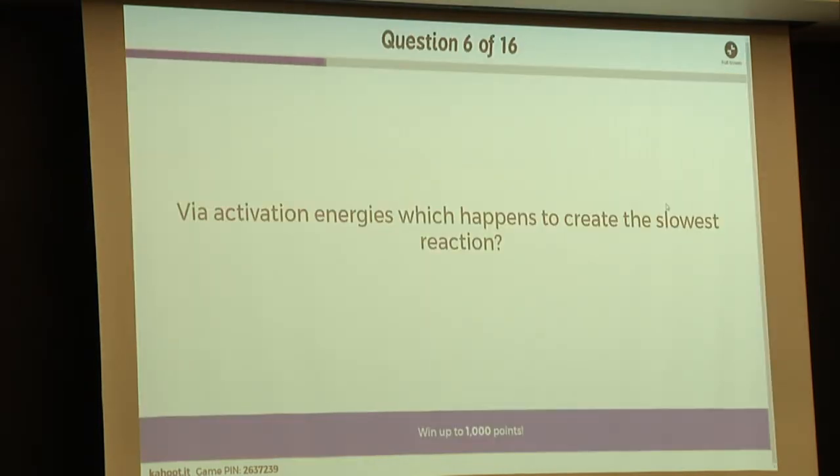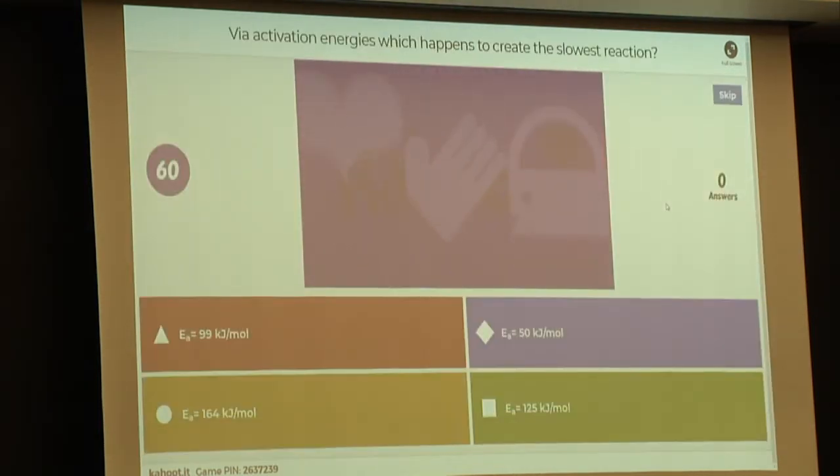Okay, via activation energies, which happens to create the slowest reaction? So think about that activation energy graph. Hi, we're just playing Kahoot right now.